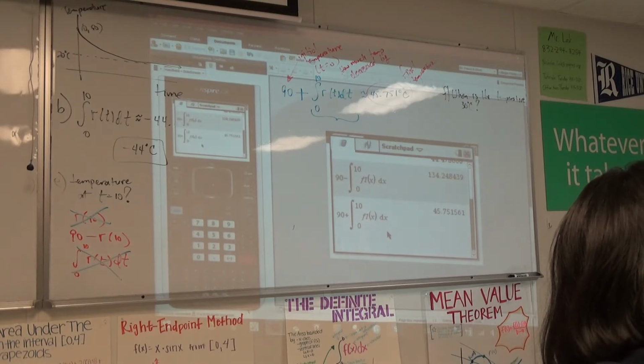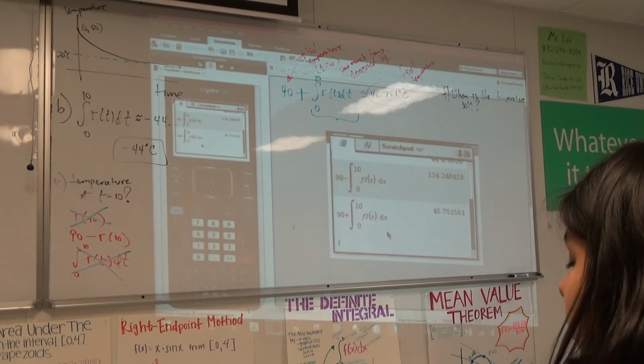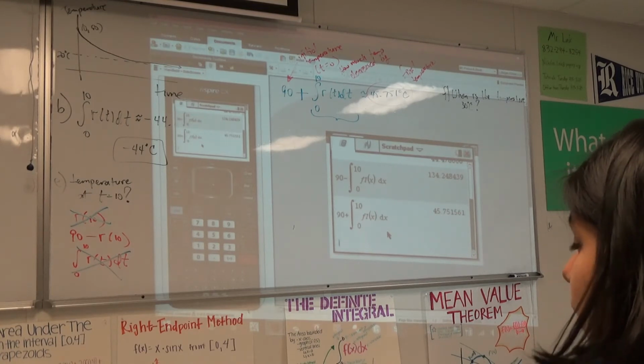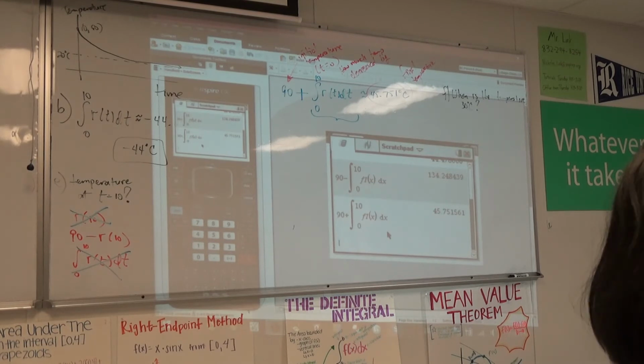The one I was hoping for looked a lot like this guy here. Melissa had great instincts. The 90 is your starting temperature. I needed to start at 90 degrees. 90 degrees plus the total change has to be equal to, what's the final temperature? The initial plus the total change has to be equal to 30.